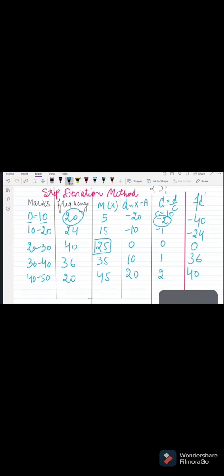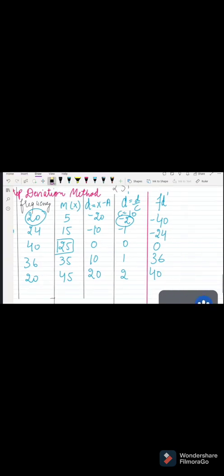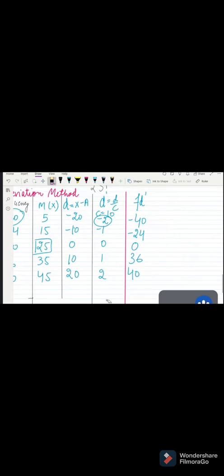So the total is, you can calculate separately minus items, that is minus 64, and this is 76. So the total of this will be 12. 76 minus 64, it is 12.